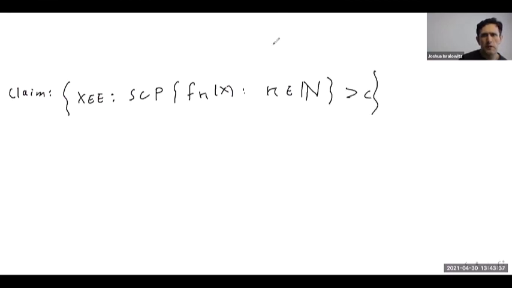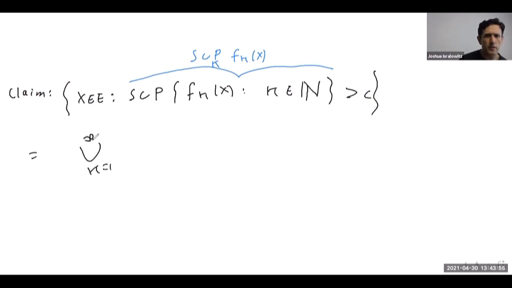Okay. And this function here, this is what I'm colloquially calling sup_k f_k(x). So I claim this is just the union of these sets here.